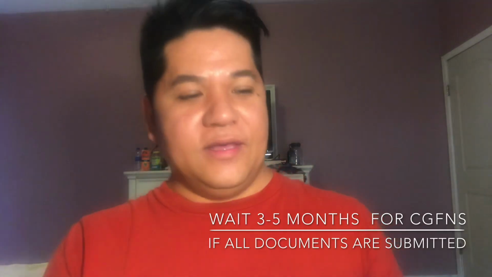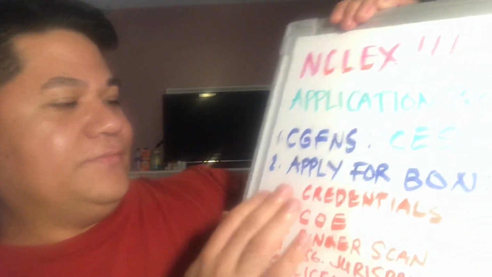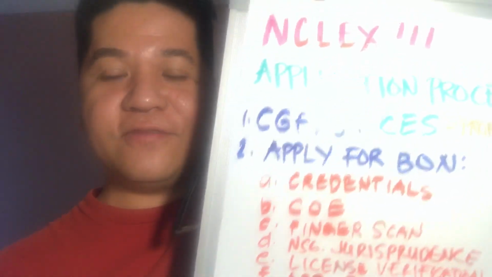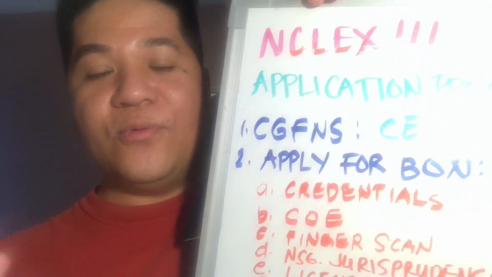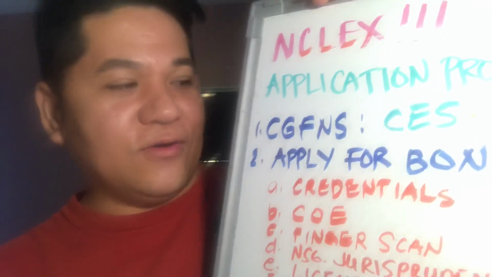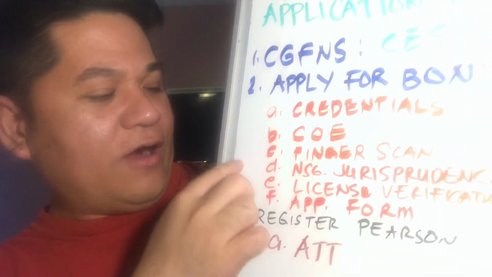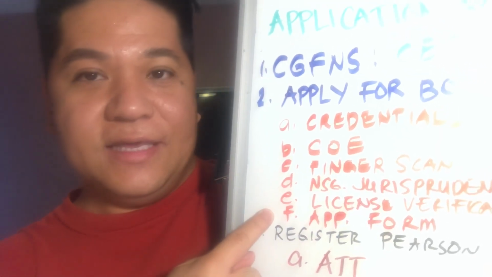The next step after you finish with CGFNS is to apply for the Board of Nursing. I applied for Texas. It depends on what state you want to work in. So I applied to the Board of Nursing in Texas, and these are the requirements that you need to pass.